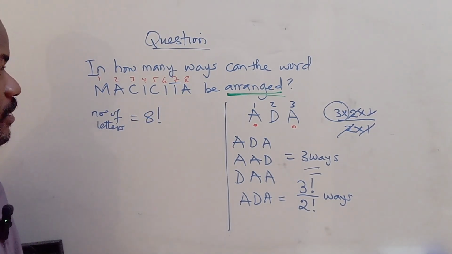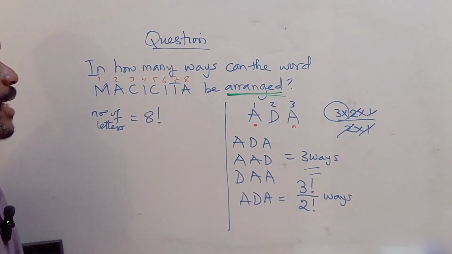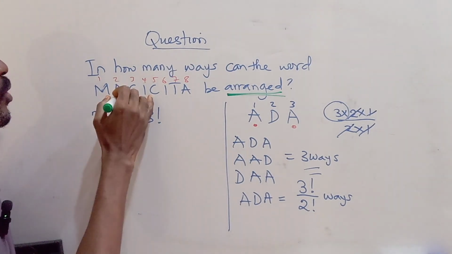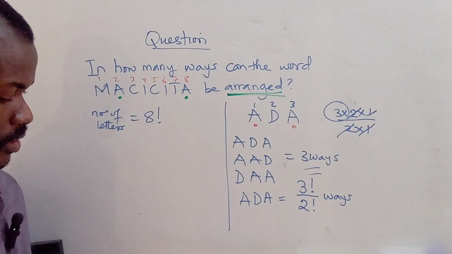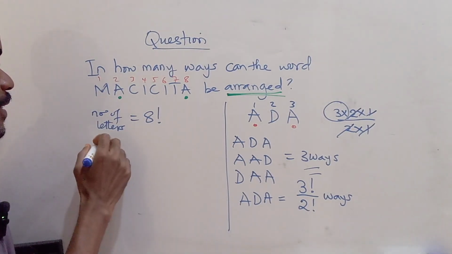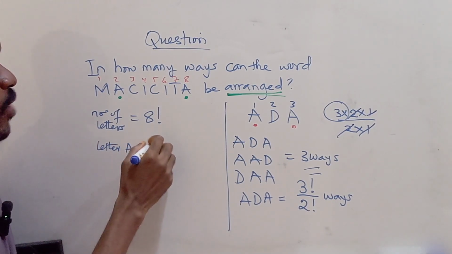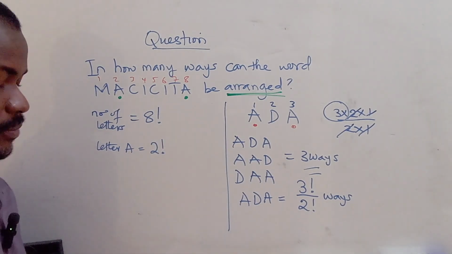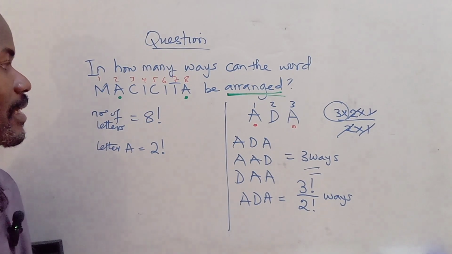Now let's check the letters that are repeated. I'm seeing that A repeats 2 times, so for letter A, it repeated twice, so we'll say 2 factorial for A. Is there any other letter that repeats? Yes.